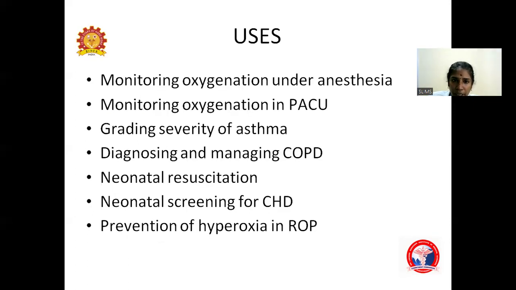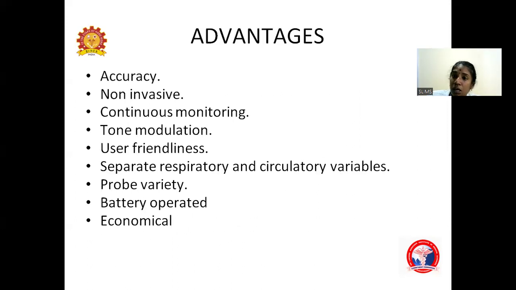And the main use of the SpO2 probe is to monitor oxygenation at various stages: at the time of anesthesia, in PAC, in any acute respiratory condition like asthma, COPD, or neonates, cardiac problems, or when the patient is going for hyperoxia prevention. So these are all the uses. Then moving on to the advantages.